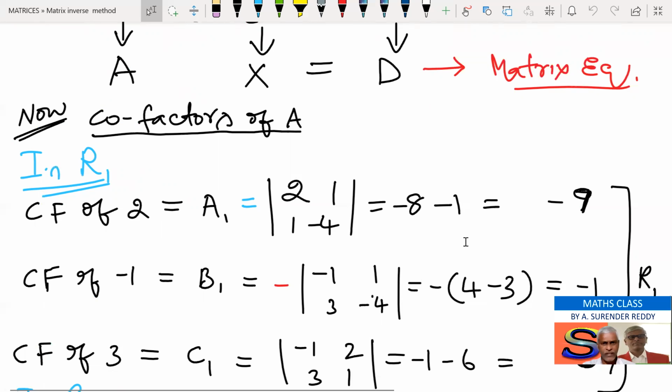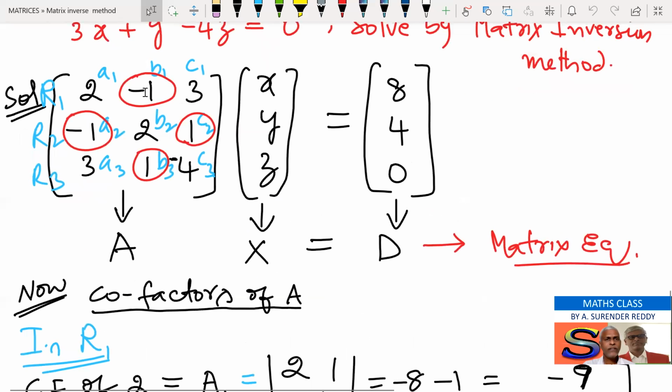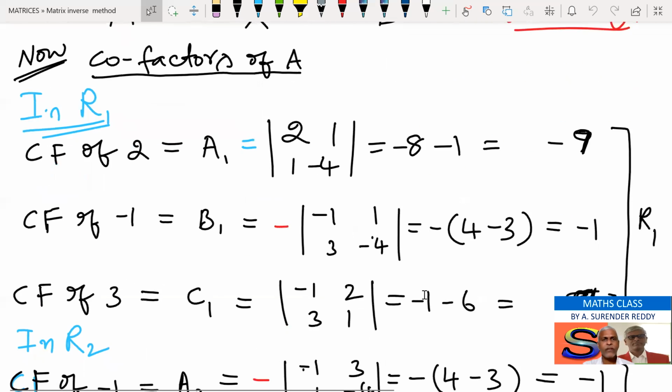Once again, check it twice, thrice, and after confirming, then proceed. If you select the wrong numbers, everything will be wasted. And don't forget multiplying with minus for these 4 cofactors. Keeping all these things in your mind, taking all precautions and selecting the correct 4 numbers, the simplification will be very easy.